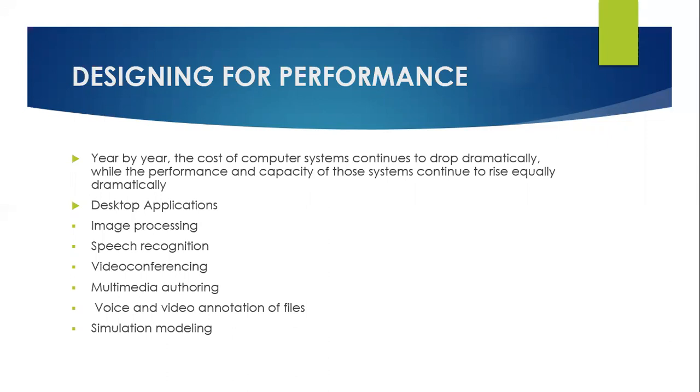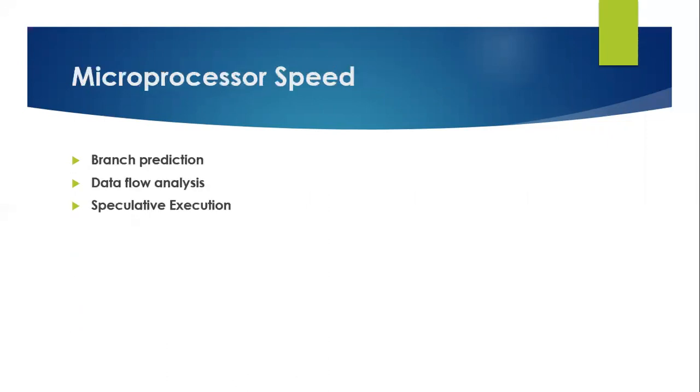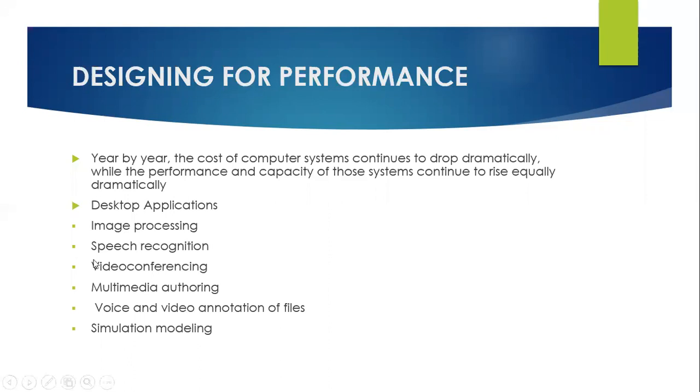Now, our next point is designing for performance. When we are talking about a computer, what is important is the performance of your computer, not the speed of your computer, but performance. And remember, these are two different things.